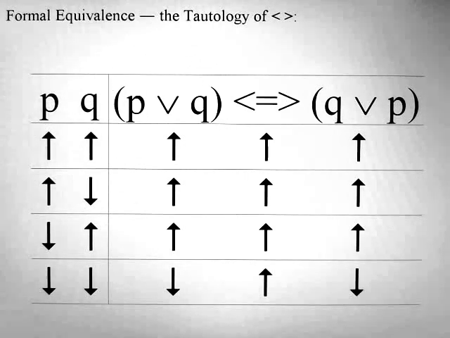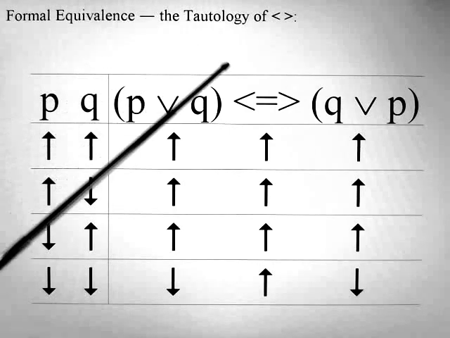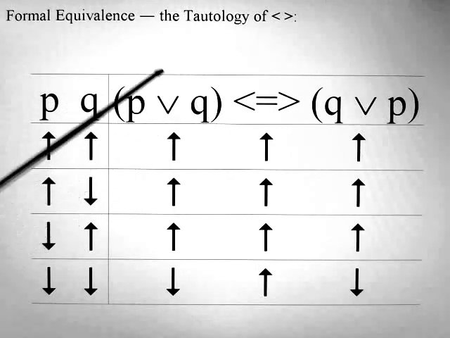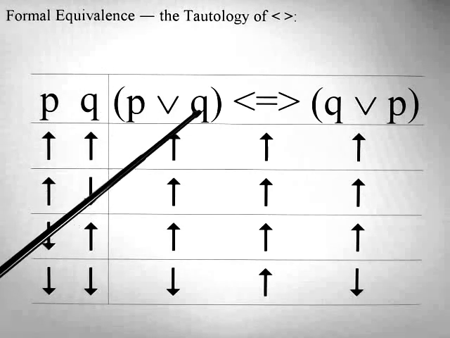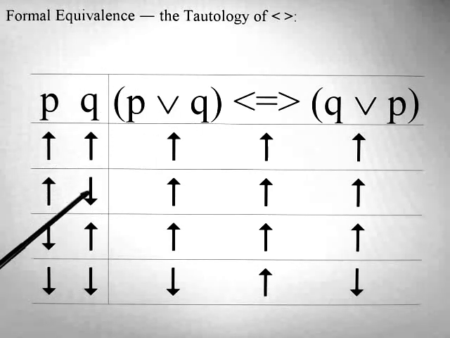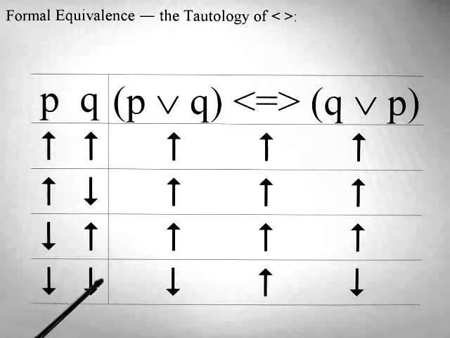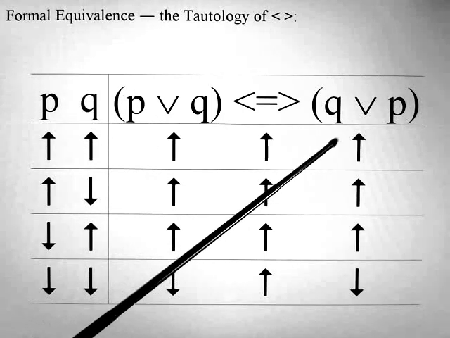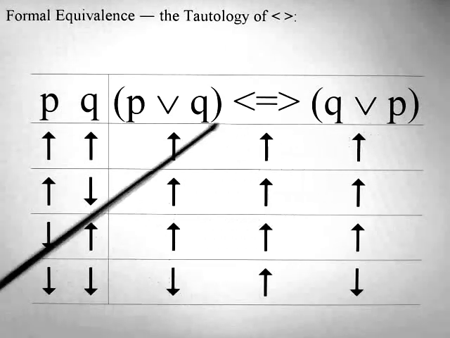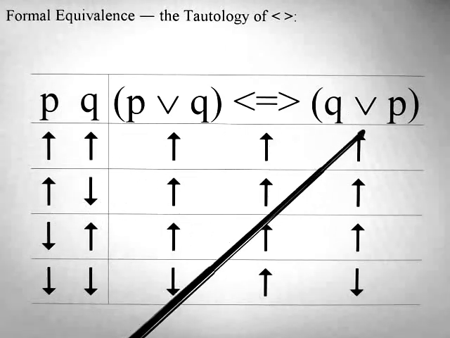Here, it is easy to see that the statement is always true, because what we have on the left-hand side is, of course, just a disjunction, P or Q, and as with every disjunction, that will be false only when both parts are false, otherwise it will be true. And what we have on the right-hand side is the same disjunction with the operands in opposite order.